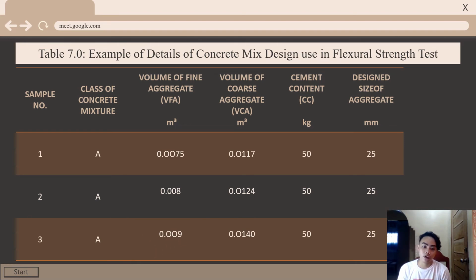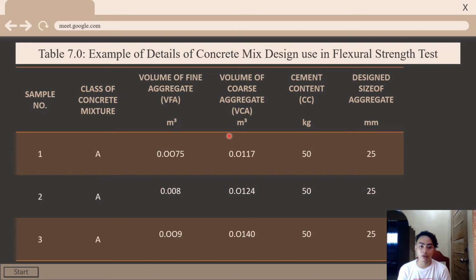For the volume of our coarse aggregate, the formula is the cement content multiplied by 0.81 cubic meters all over 360. By using that formula, we get 50 times 0.81 cubic meters all over 360.